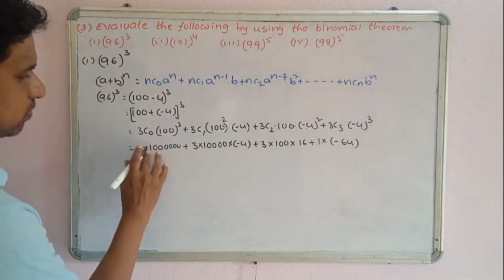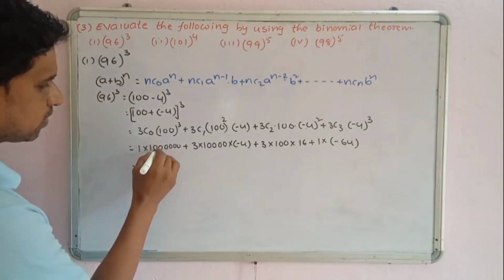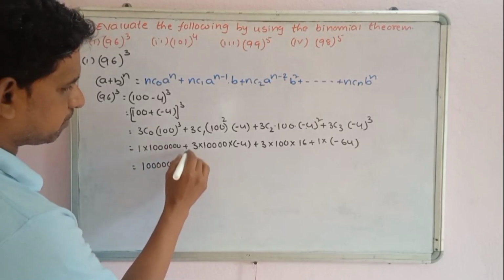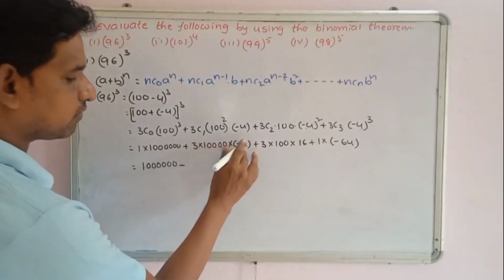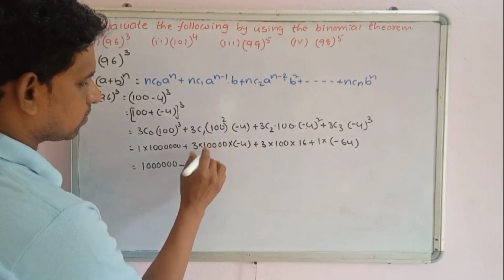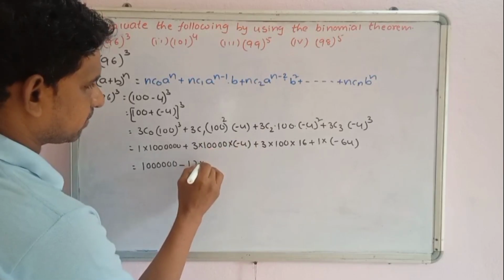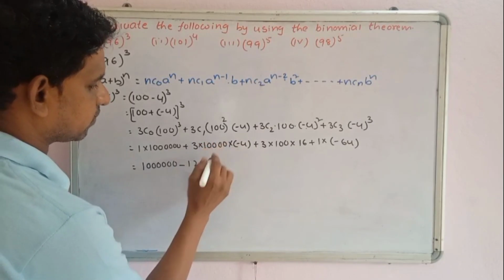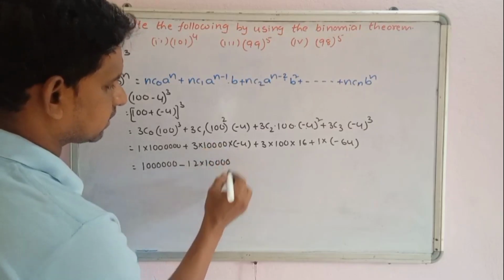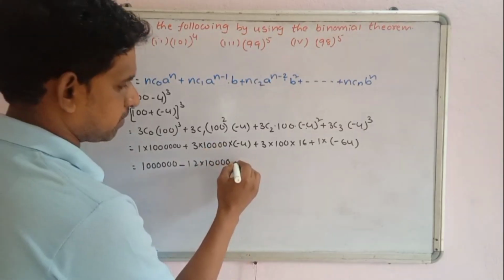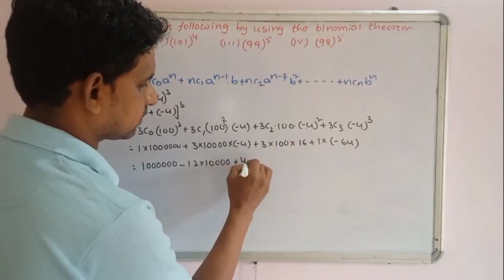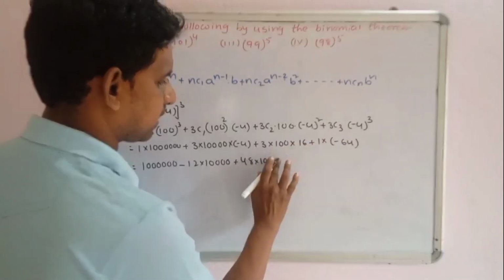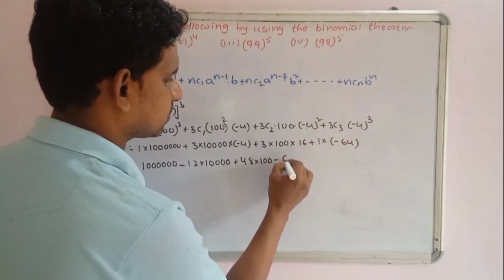That equals 1 times anything is the same number. 1 multiplied with 1. How many zeros? Check once: 1, 2, 3, 4. 10,000 plus 316 is 48. 48 into 100, plus 1 times 64, 64.